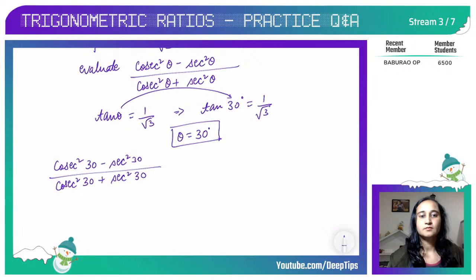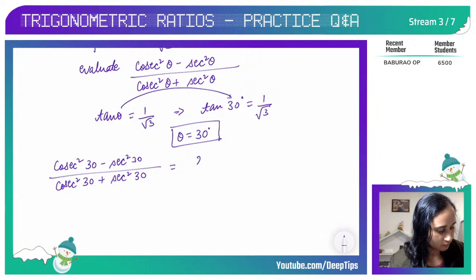If you remember the trigonometric ratios table that we did yesterday, you can do it very well, right? So we know that cosecant is the reciprocal of sine 30. Sine 30 is 1 by 2, so cosecant 30 will be 2 by 1. So I can substitute here 2 whole square.